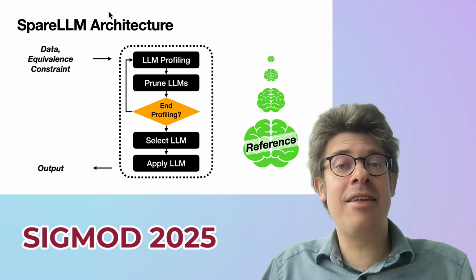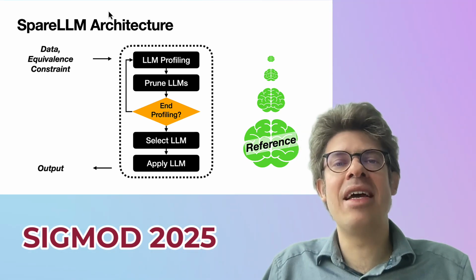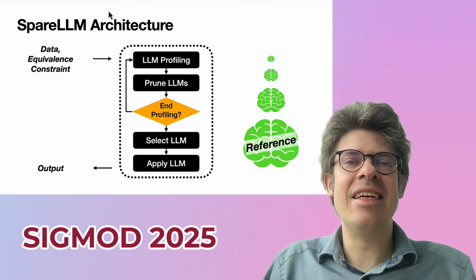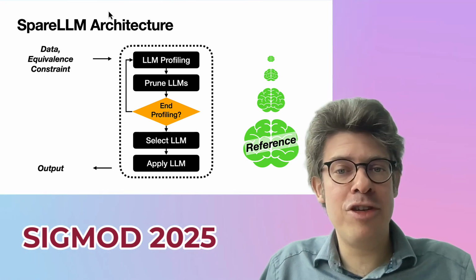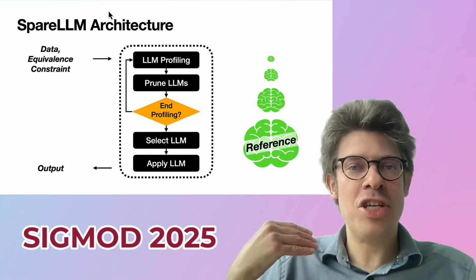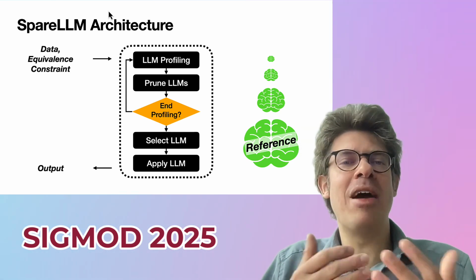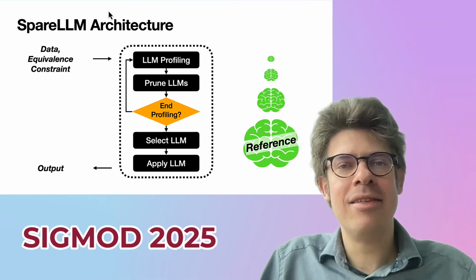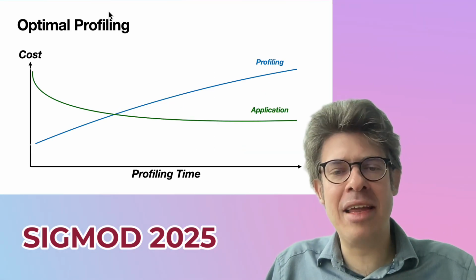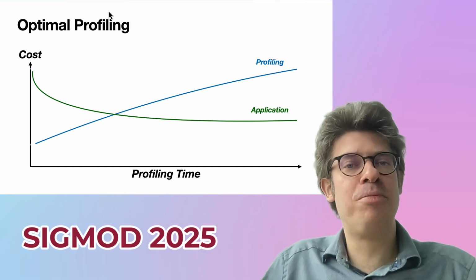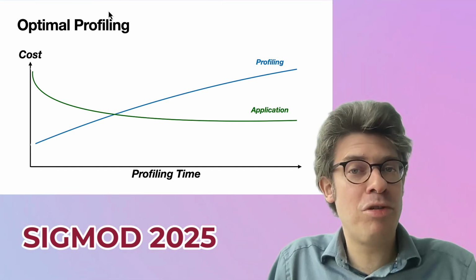So because of that, we're introducing a check that regularly tests whether further profiling is even beneficial or whether it's not beneficial, and we should immediately use what we know so far in order to determine the best model to apply for the remaining data items. Because when using profiling, it means that the more you profile, clearly the more money and time you spend in profiling.